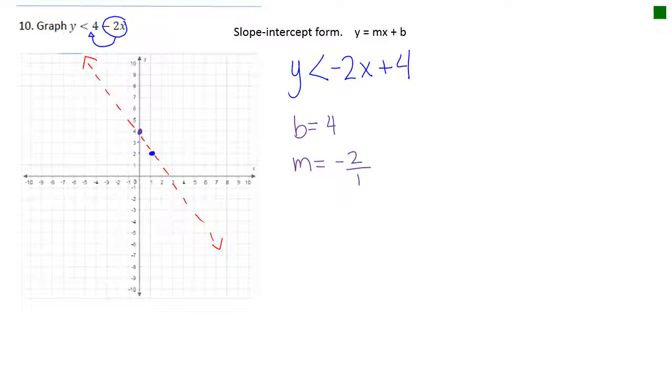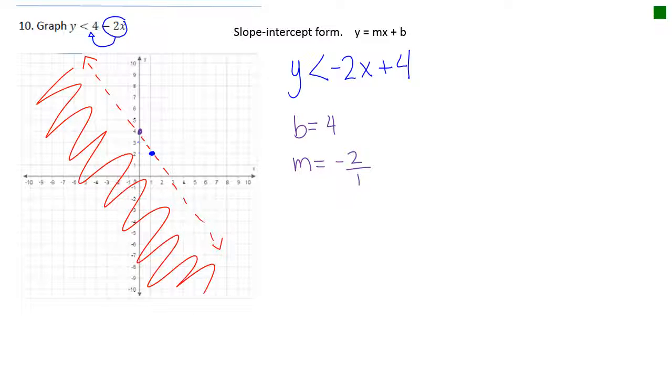And then we need to determine where we're going to shade. Since it's less than, it's going to be everything down below the line. So shade everything underneath our line. And that is number 10.